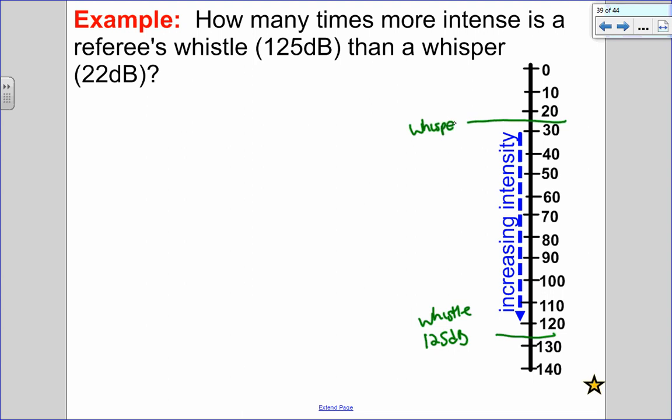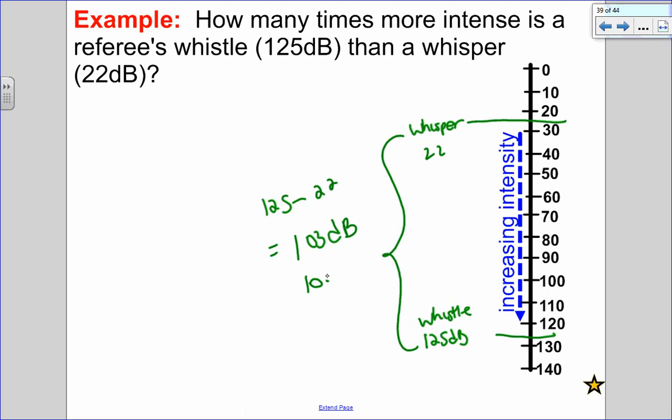That's quite a distance. If I look at how far apart those are, if I just did 125 take away 22, they're 103 decibels apart. But remember, our scale is in factors of 10, so they are actually 10.3 units apart.